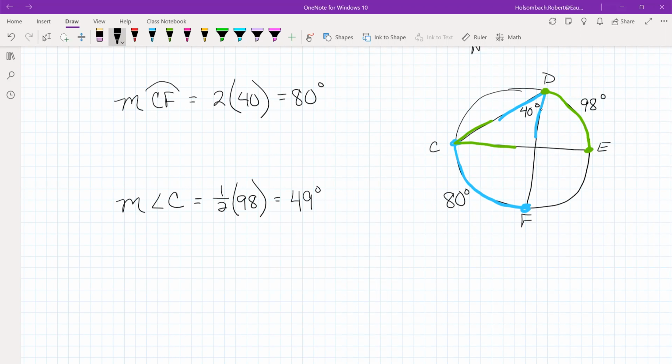Questions? All right, let's look at theorem 10.7 on the bottom of page 724.